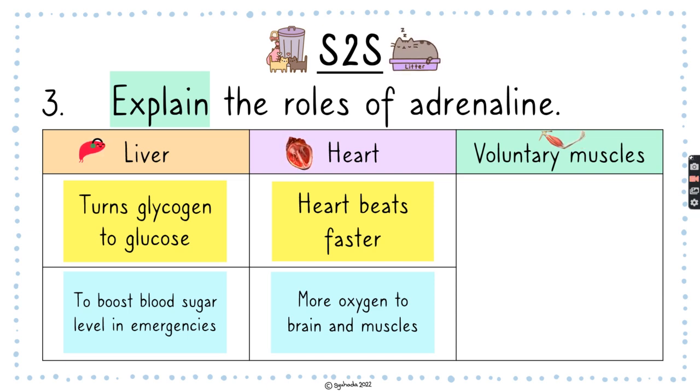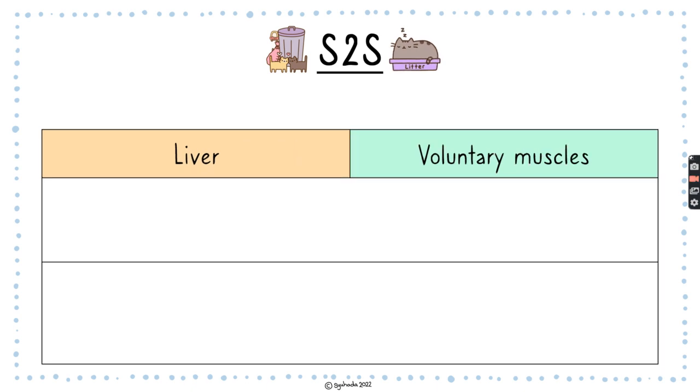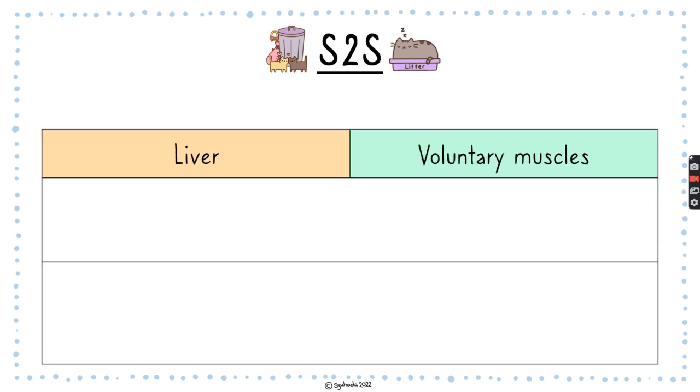Another effect of adrenaline on the target organ, voluntary muscles, is that the voluntary muscles will tire less easily, because more energy is being directed to them, as we're sending a lot of oxygen and also glucose to the voluntary muscles.